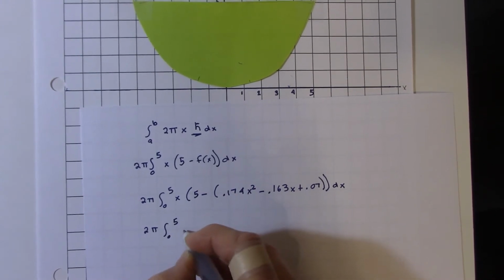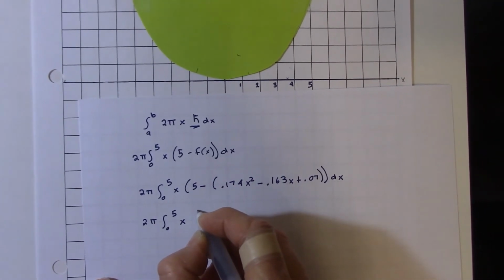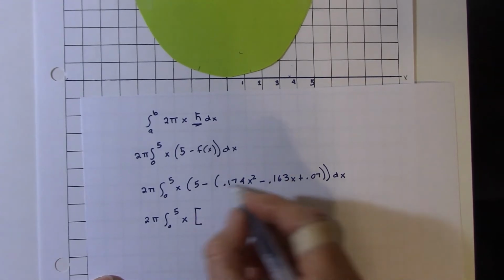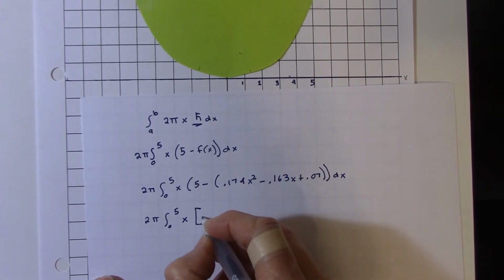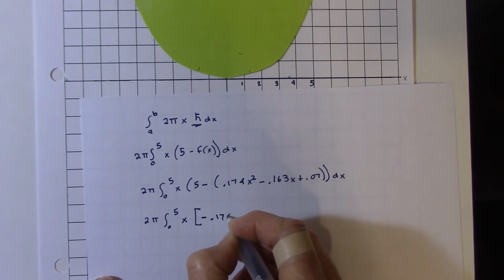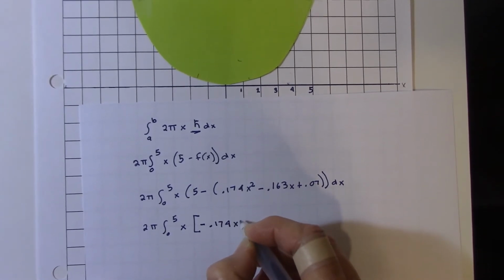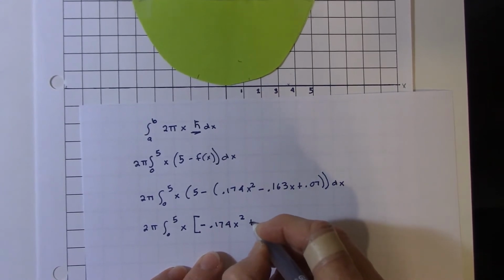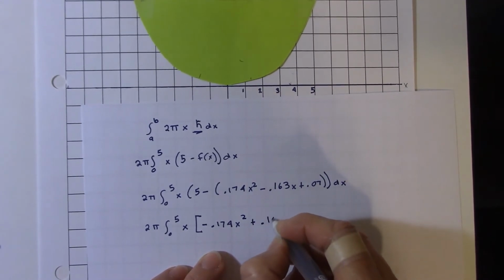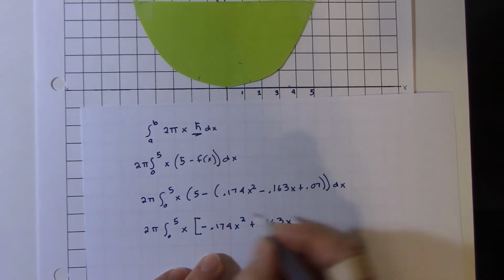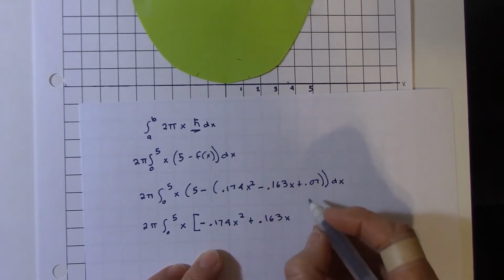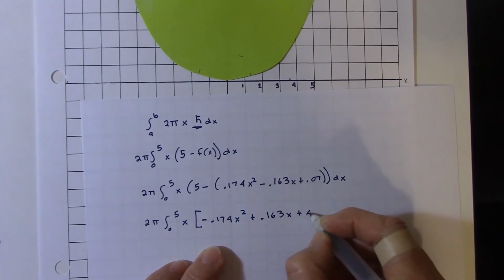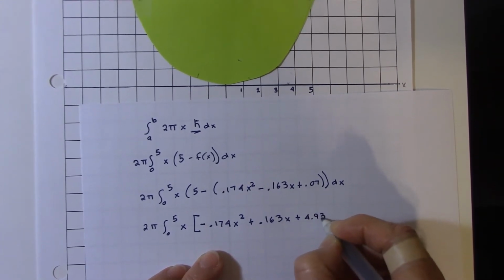The integral from 0 to 5 of x times 5 minus this will give me minus 0.174x squared plus 0.163x, and then 5 minus 0.07 is 4.93.